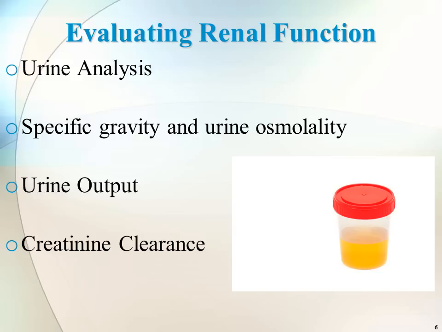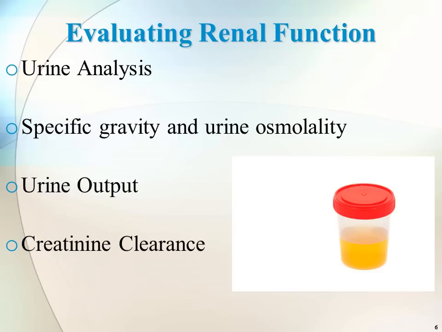And we'll talk about cardiac output in a second. I want to talk about creatinine clearance. Creatinine, you'll remember, is a byproduct of muscle metabolism, and it's excreted in the urine, and it's a direct result of GFR. So creatinine is excreted in the urine at a constant rate.